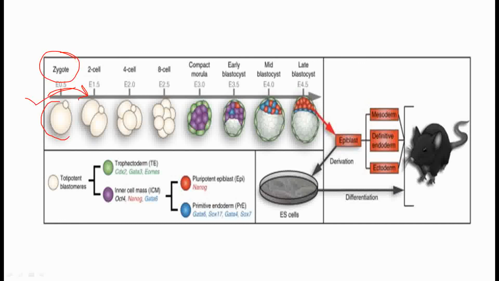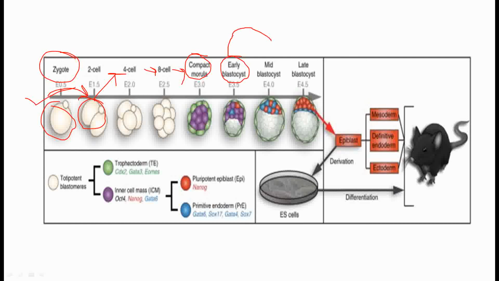This single cell forms two cells after division, and these two cells give rise to a four-celled embryo, next 8 cells, and when it comes to 16 cells, it forms the compact morula stage. This morula stage further forms early blastocyst.